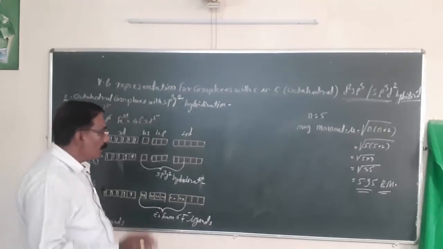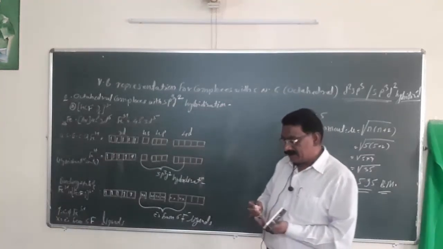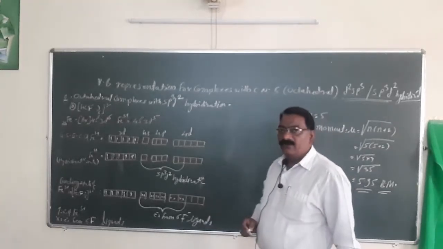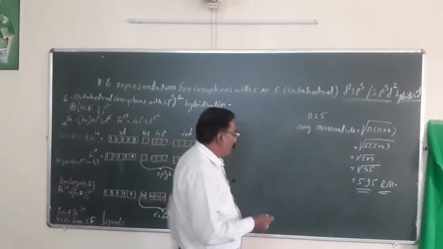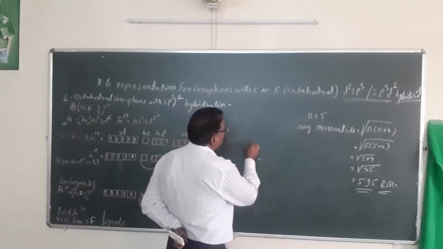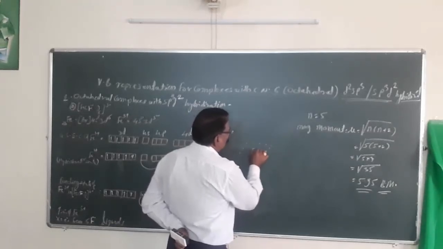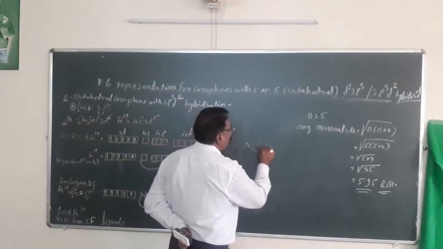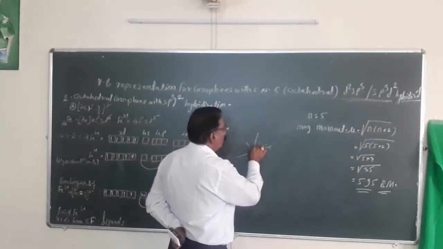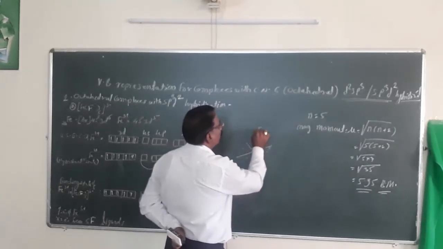Now we are going to see the geometry of this complex. It is the octahedral geometry. As usual, we know in the octahedral geometry there are 4 ligands and the central metal atom in the same plane, one ligand above the plane and one ligand below the plane.